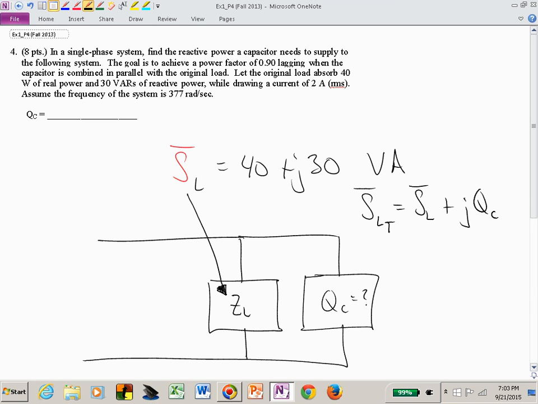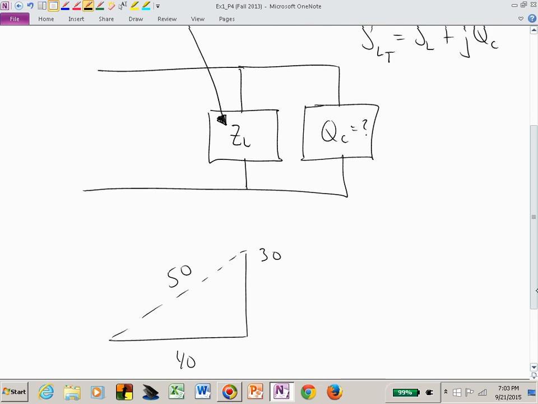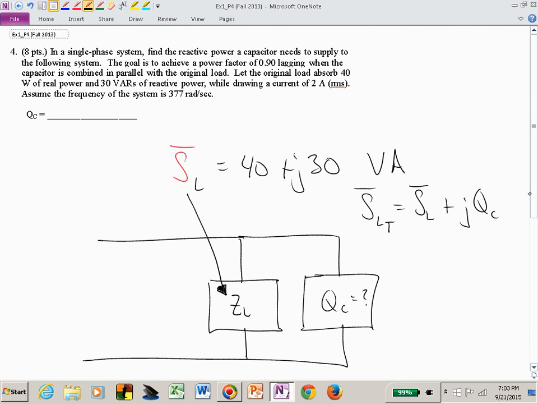We're assuming it's ideal. What's the angle we want to end up with? Isn't that what we want?